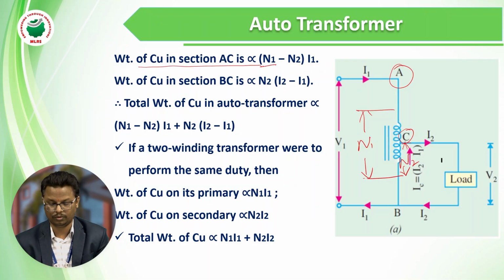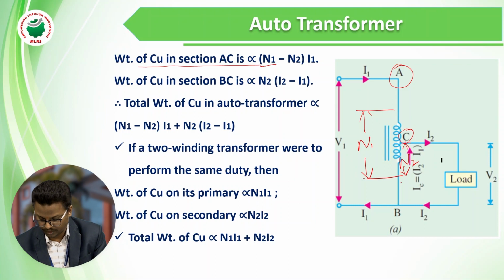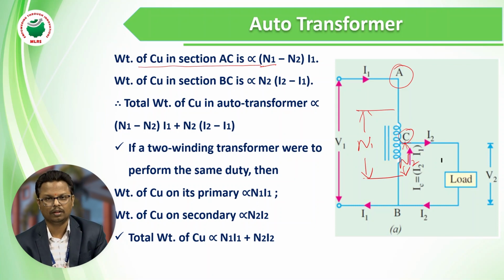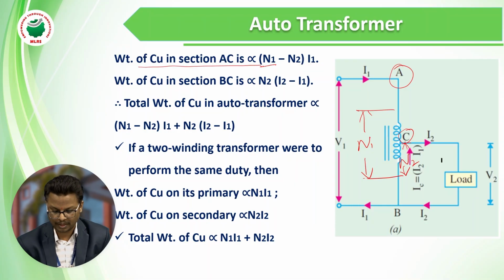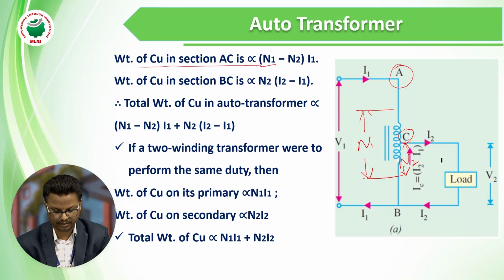To know the turns in section AC, if you subtract the BC turns, then you will get the number of turns of AC. So N1 minus N2, into I1, the current which is flowing through AC.